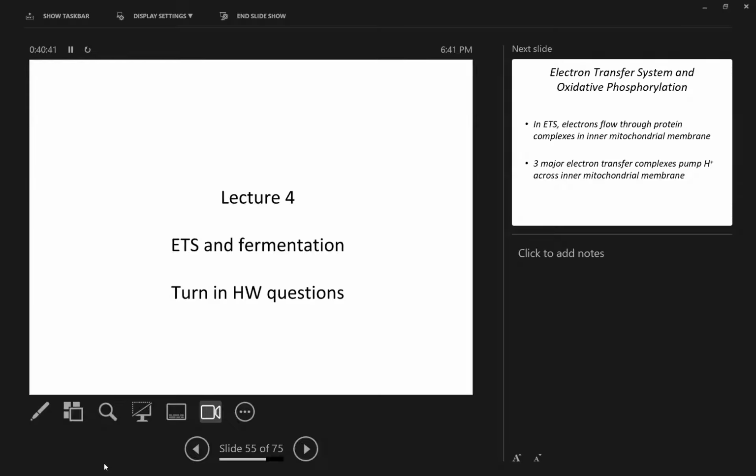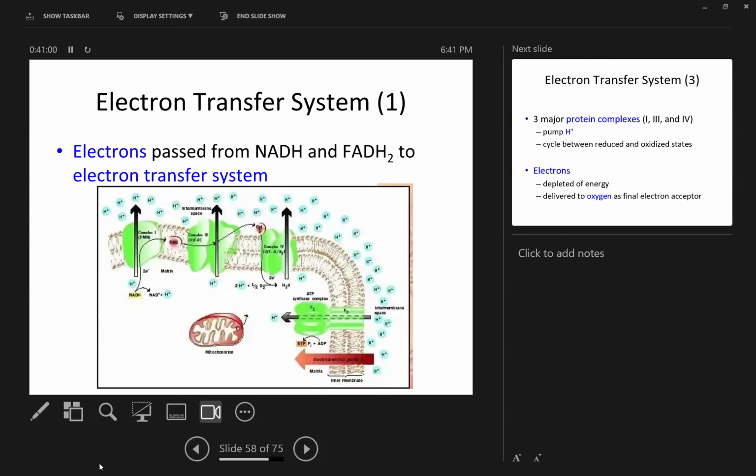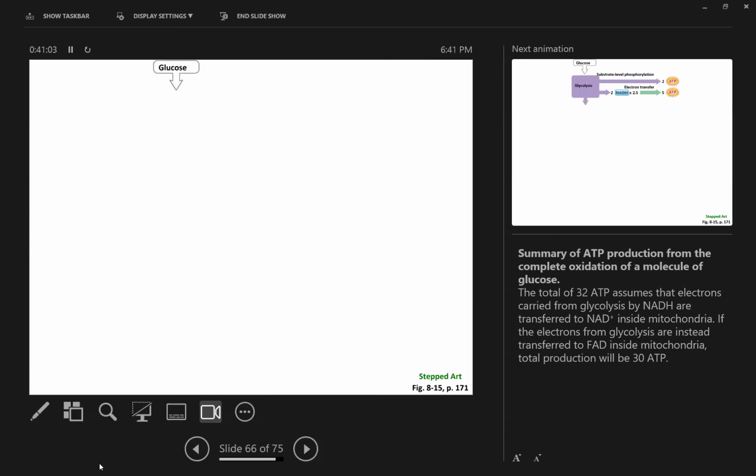You could go get poster board, you could tape paper together, whatever size you want. But you are going to do aerobic cellular respiration. That means starting with glycolysis all the way through to the end of oxidative phosphorylation. So I'm going to skip these and I'll show you some samples.